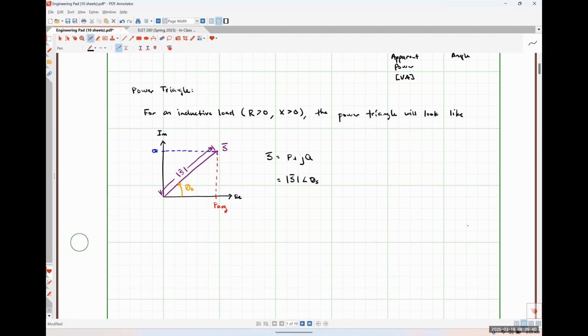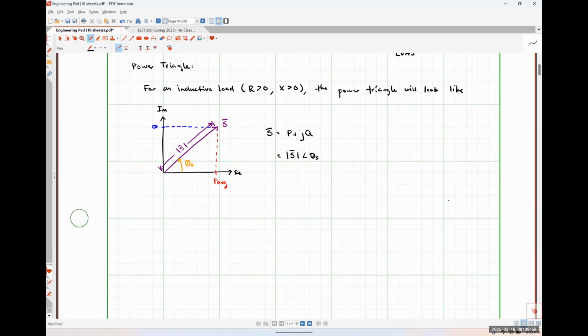Now, we're going to wind up using these power triangles in a couple of minutes when we talk about power factor. But before I get into power factor, I want to give you an idea of what the power triangle for a capacitive load might look like.